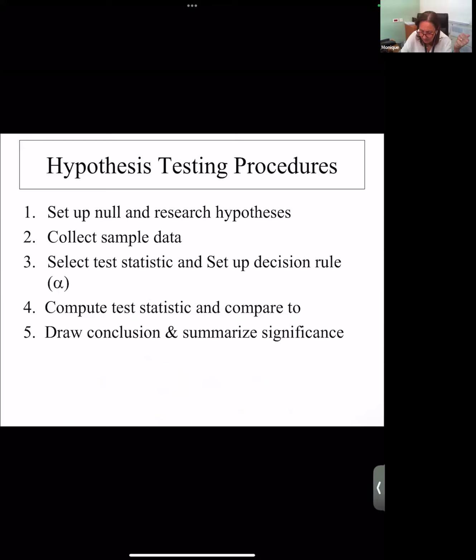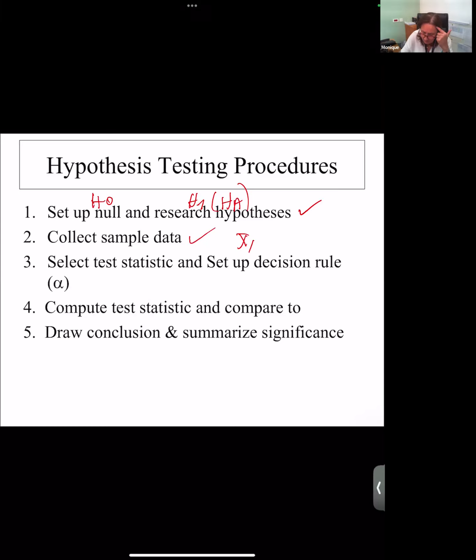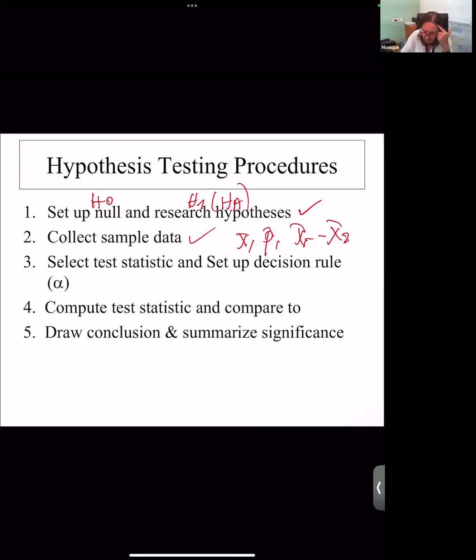So you set up the null and research hypothesis, so H0 and HA, or H1 or HA, the alternative. You collect the sample data, X bar, P, X bar 1 minus X bar 2. This is what you usually collect the data for.